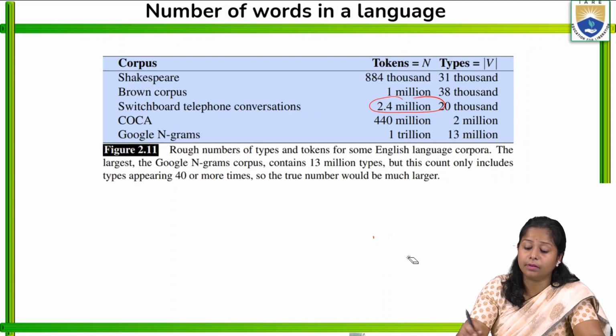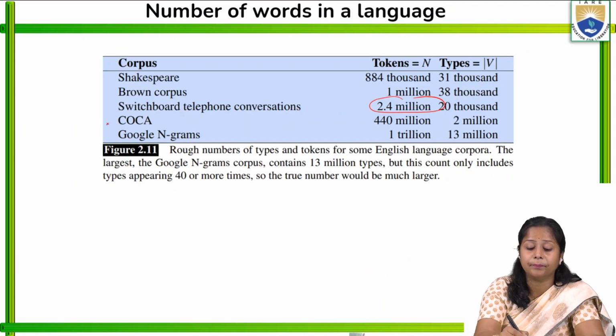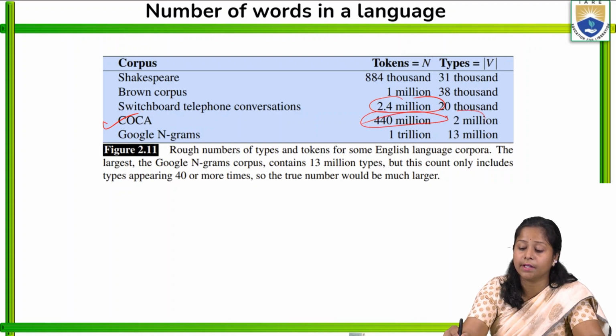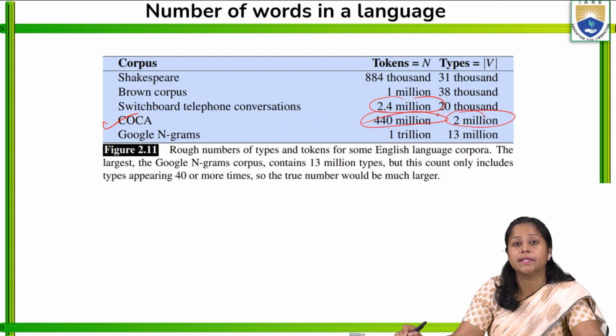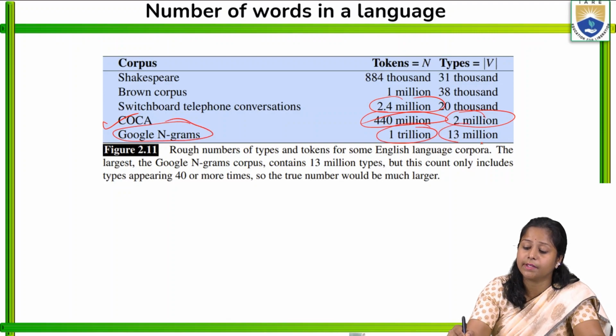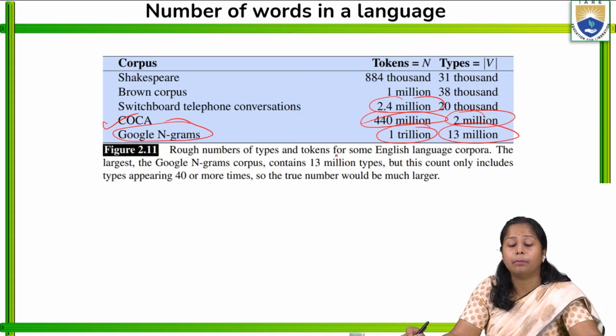In the COCA corpus, there are 440 million tokens and a vocabulary of 2 million. In the Google N-grams, there are 1 trillion tokens and a vocabulary of 13 million.